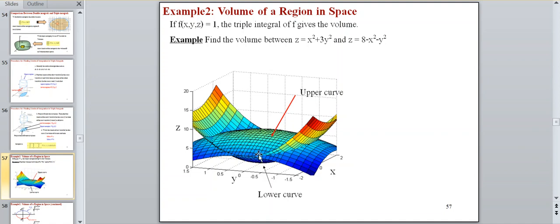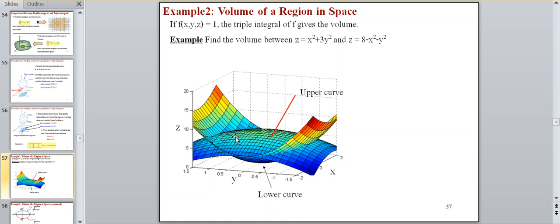D is the region between these two. This is from above, this is from below. So they said upper curve, but actually this one is the upper surface, and this one is the lower surface.